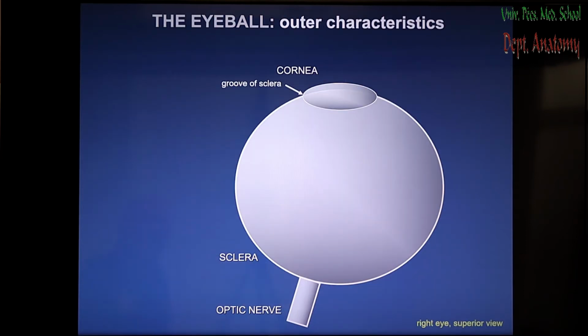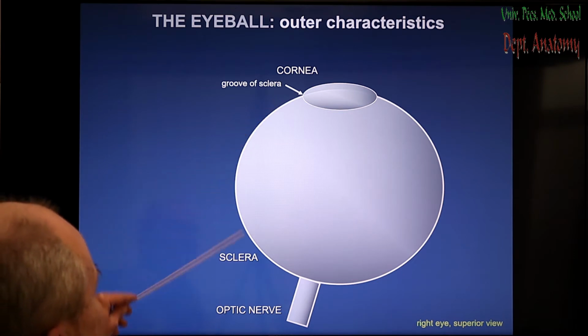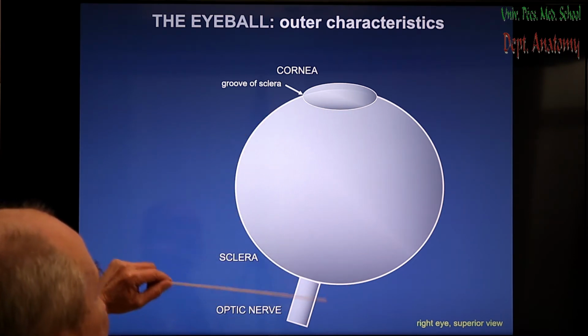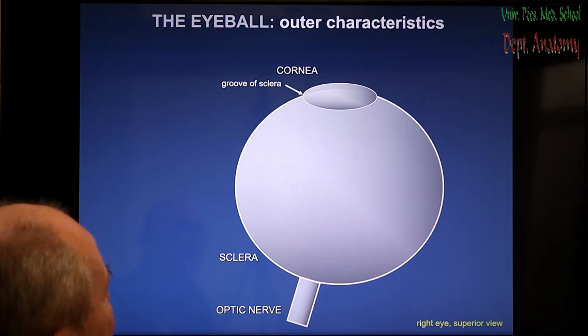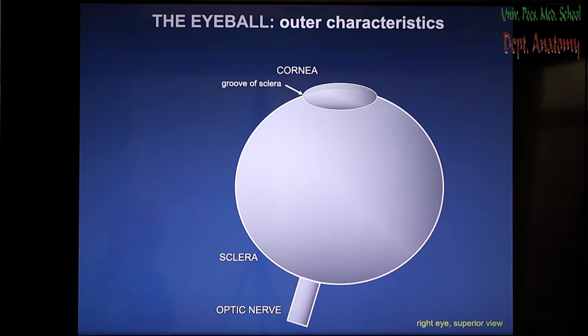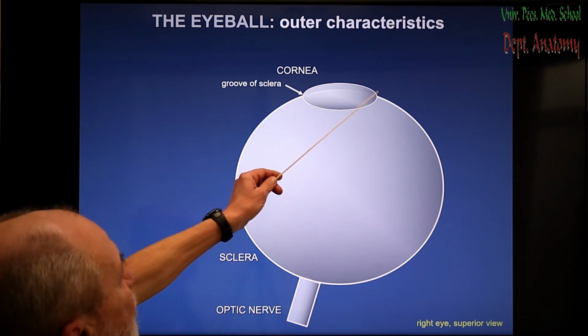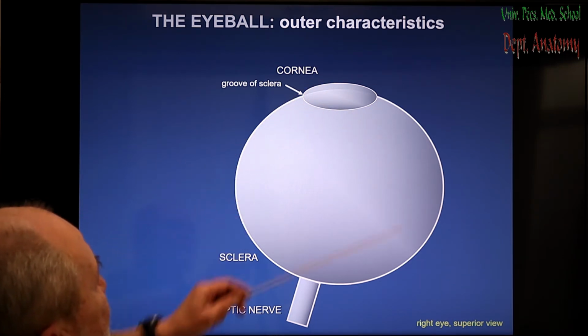Going into details of these things, starting with the eyeball, there are outer characteristics of it. This one is a right eye viewed from above, on which you can see the spherical shape of the eyeball, as the name reflects, from which anteriorly a small portion protrudes more, having a smaller radius of curvature, and this anterior part of the eyeball is completely transparent.